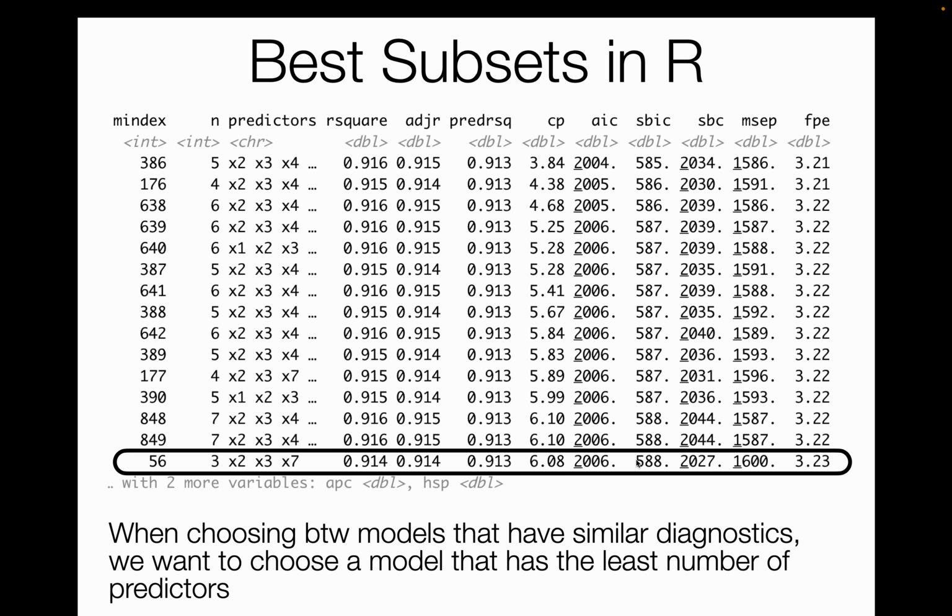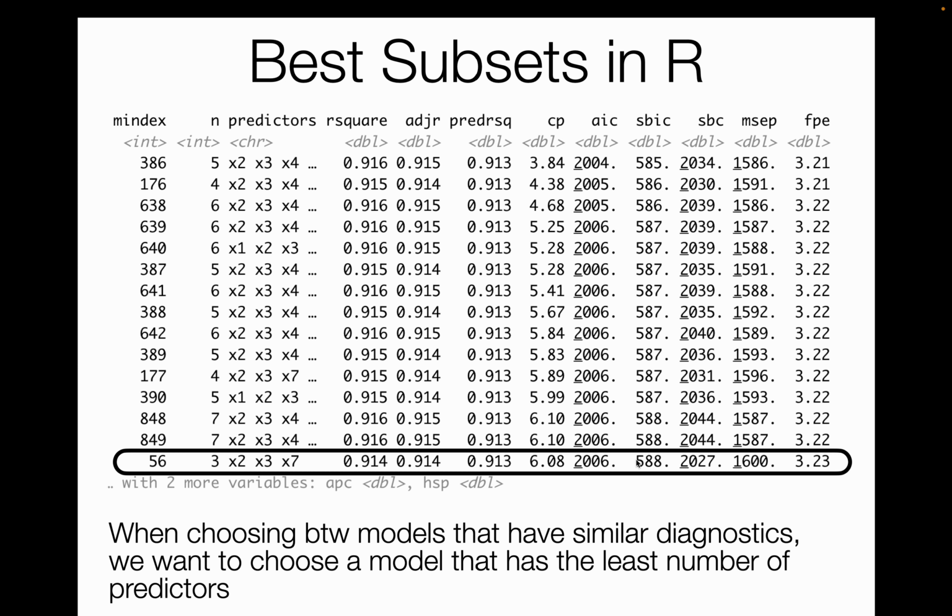You can see the M index is which particular model that fit was. So the bottom one was the 56th model it fit. N is how many predictors are in the model. And then it lists the predictors, which ones were in.